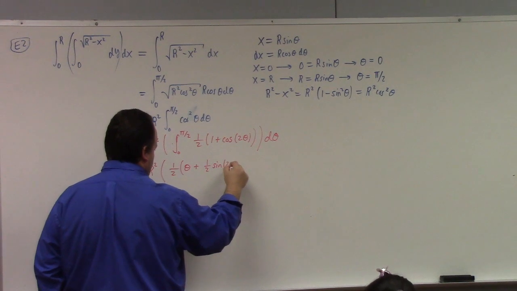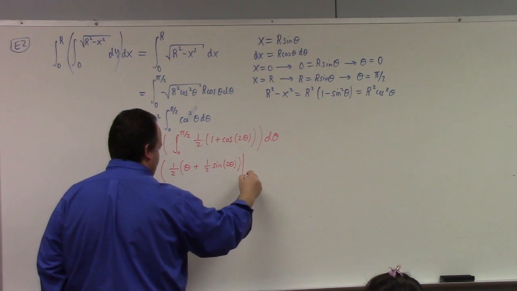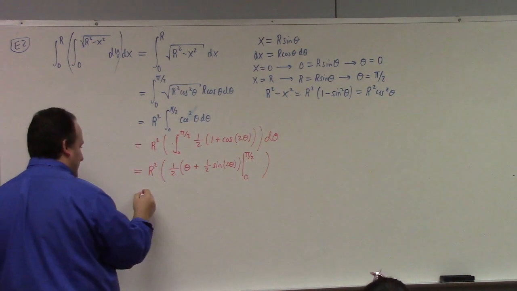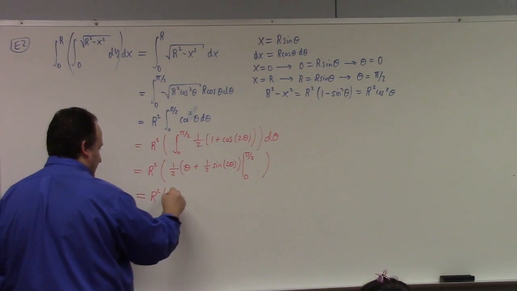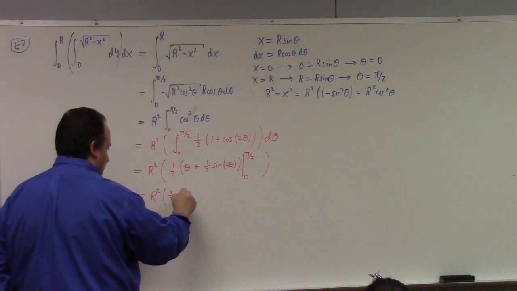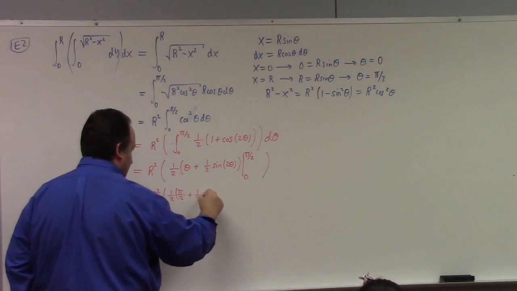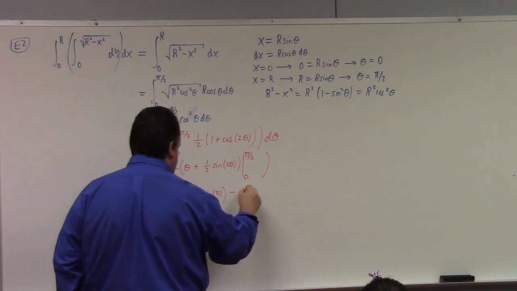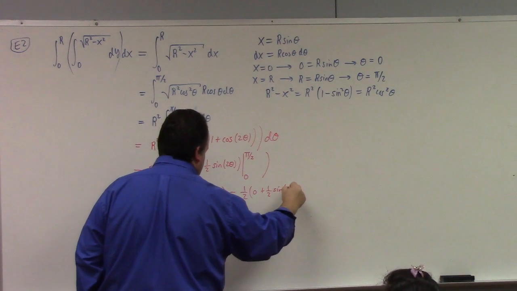There's a u substitution there, right? Of course, if you got this u substitution wrong, you might still get it right because at the end of the day, when you evaluate the bounds, that sine term goes away. So I get 1/2 times pi over 2 plus 1/2 sine pi minus 1/2 of 0 plus 1/2 sine of 2 times 0.